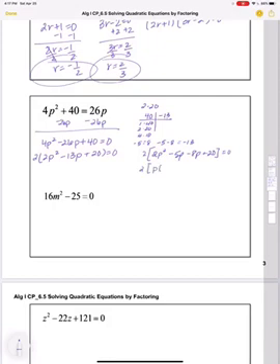P. So 2p minus 5. And then here you can take out a negative 4. And so then that would be 2p minus 5 equals 0. So then you've got 2, and then p minus 4, and then 2p minus 5 equals 0.